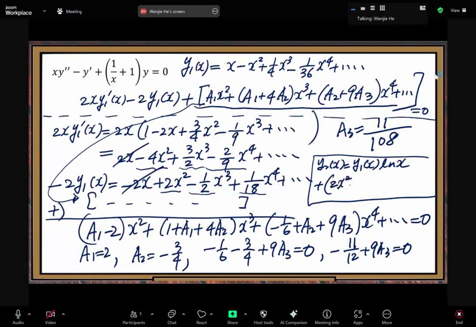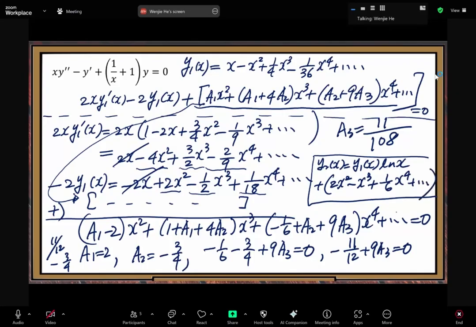2x squared, a12 minus 3, negative 1, minus x cubed, plus a2 this one, plus 9a3. 9 times 11/12, as I remember, minus 3/4, so 9, 2, 1/6 plus 1/6 x to the 4th.